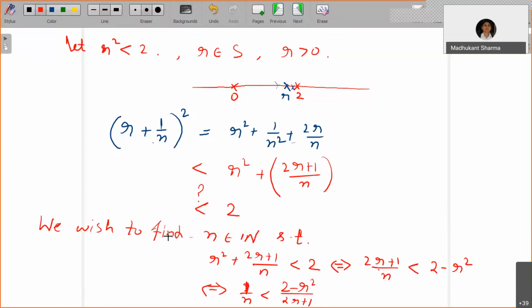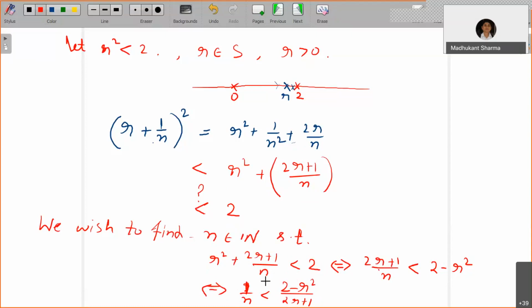We wish to identify an n such that this whole quantity is strictly less than 2. This is true if and only if 2r plus 1 by n is strictly less than 2 minus r square, sending r square to this side. This is if and only if 1 by n is strictly less than 2 minus r square by 2r plus 1.